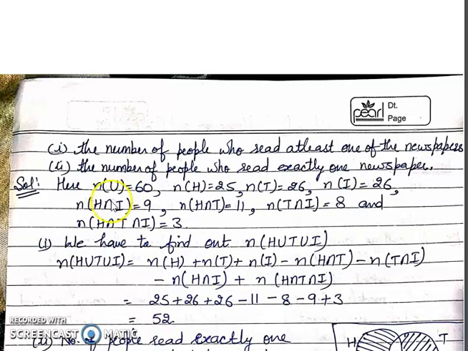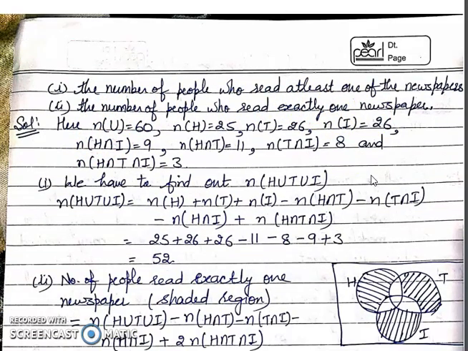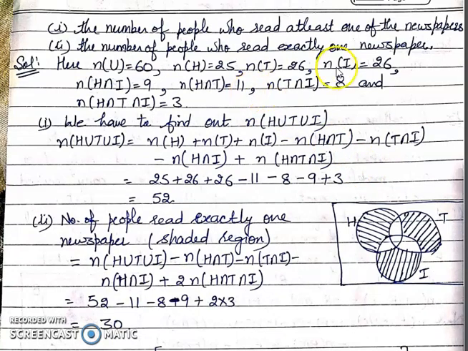Now the second part is the number of people who read exactly one newspaper. Exactly one newspaper means, come to the Venn diagram, we have to find this shaded portion.